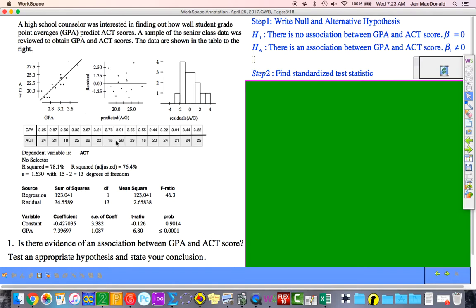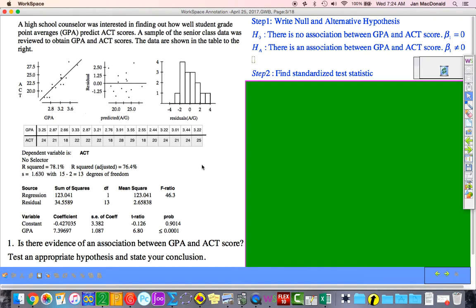If you take a look here, we have 1, 2, 3, 4, 5, 6, 7, 8, 9, 10, 11, 12, 13, 14, 15 pairs of data. Therefore, our degrees of freedom would be 15 minus 2, which is 13. And that does say that here in our computer printout with 15 minus 2 or 13 degrees of freedom.